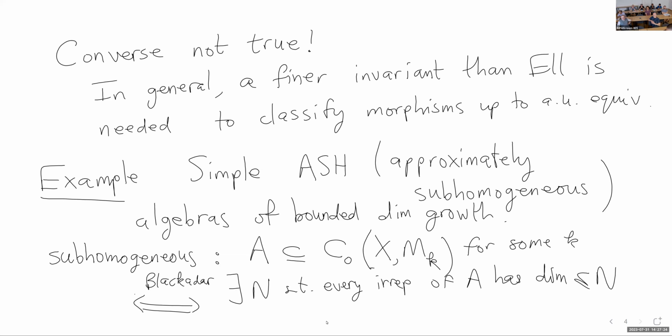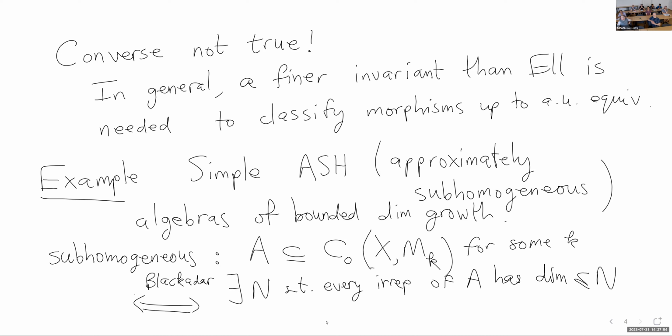I'm saying, as a theorem, that this is equivalent to there being some n that bounds. I'm not claiming any relationship between k and n in this statement, even though there might be. The other way around, if we take this particular C-star algebra C_0(X) tensor M_k, it's true that the bound on the dimension of irreducible representations is k. Yeah, good point. All right, so that's what subhomogeneous means.